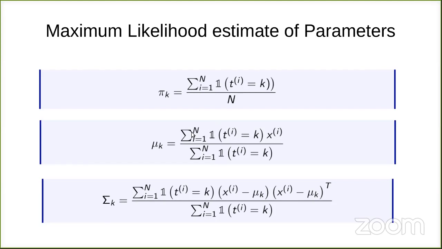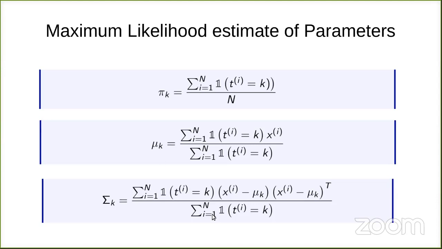Although we are summing over all samples, this indicator function makes sure that this summation only considers those xi's that belong to class k. In the denominator, if we sum over, we are getting the total number of samples that belong to class k. In this way, we are finding the average of all features, and that gives us the mean.